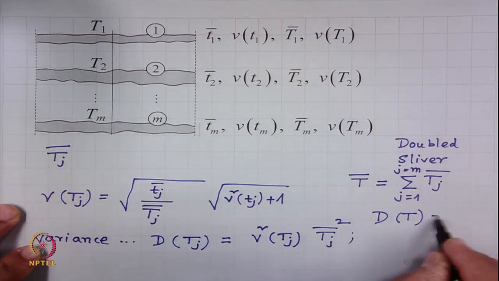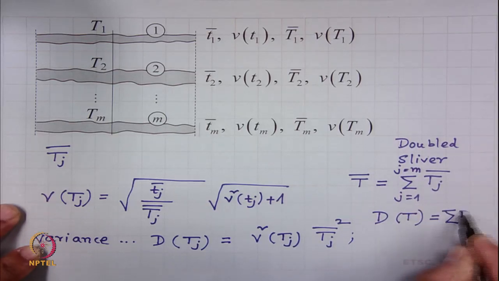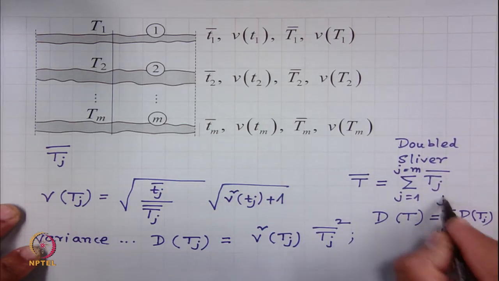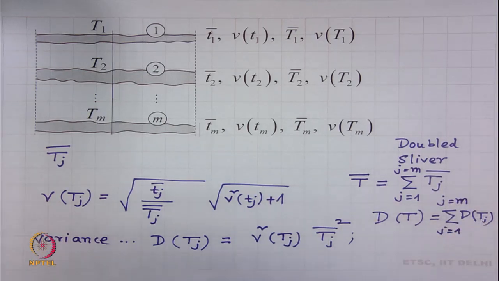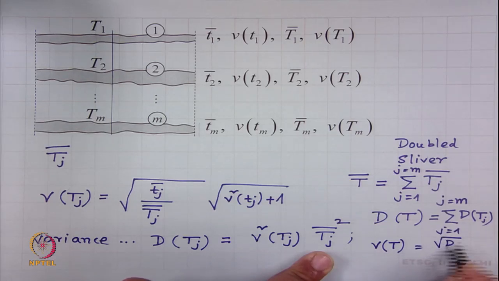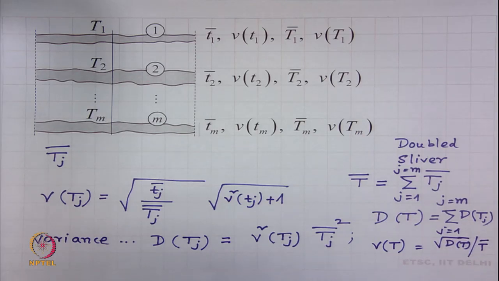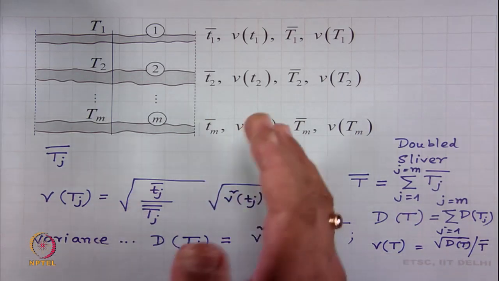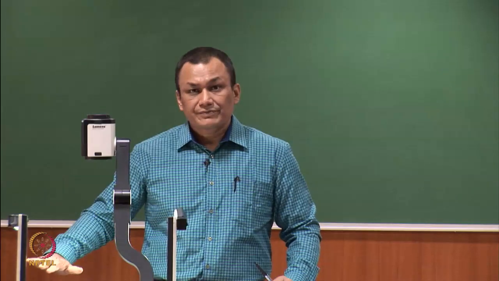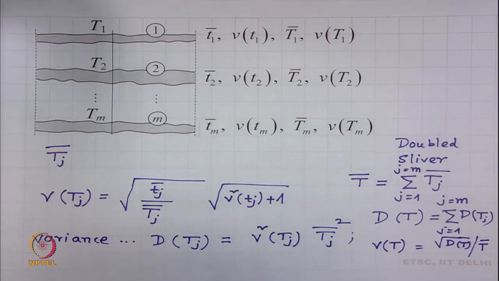These variances will be all additive. Also, it will have a coefficient of variation. This. So, left hand side are the characteristics of individual slivers, right hand side are the characteristics of the double sliver.